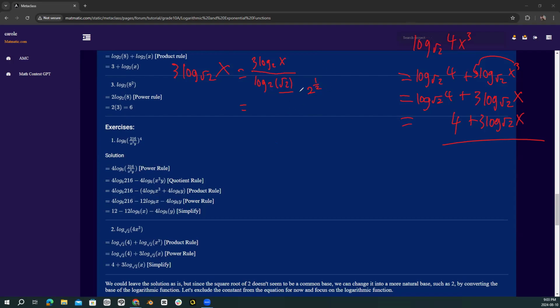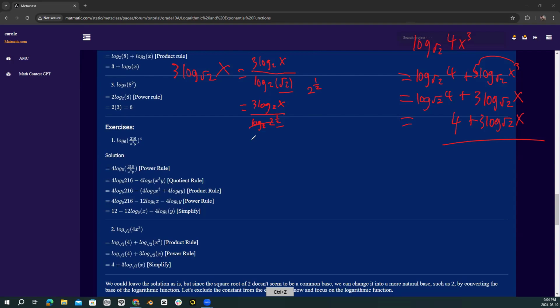So instead, let's just write this as 3 log square root of 2x over log 2 to 1 over 2. Okay, now that we've converted this, we can start simplifying. So these just cancel because it's just 1. So we're left with 1 over 2.